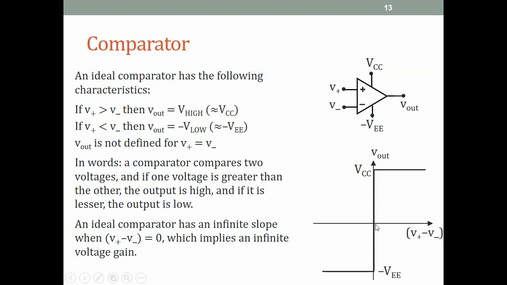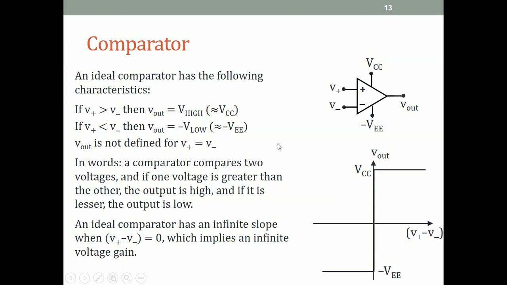Real life circuits don't give infinite voltage gains. So real life comparators will have a finite gain, and so this line will be a very steep vertical line, but it will not be exactly vertical. So it will be a very high gain circuit. In fact, a comparator is nothing but a very high gain amplifier.